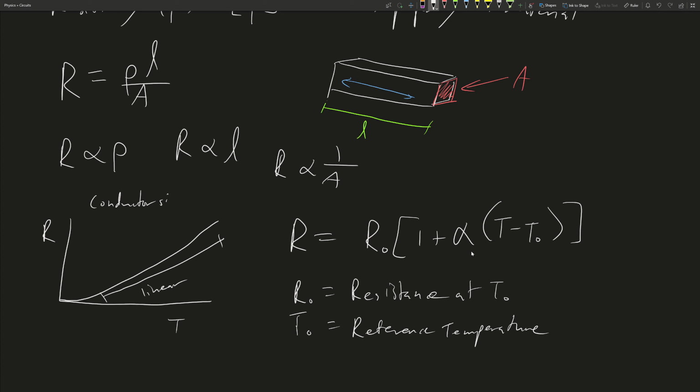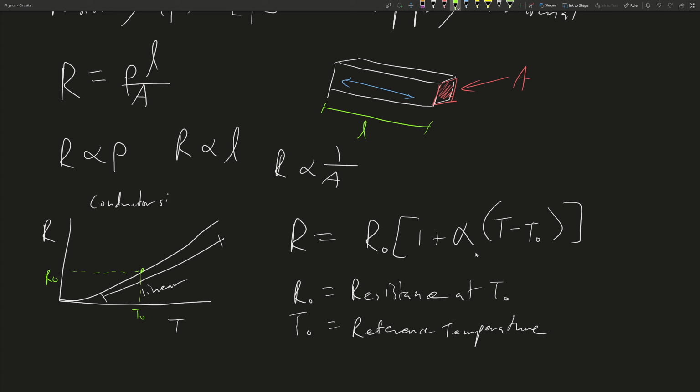So what this is saying is, you can see this is kind of like a point-slope form for an equation. If you know the resistance here, so let's just say that this is T0 and this is R0, then you can find the resistance along this linear region by knowing this alpha coefficient.